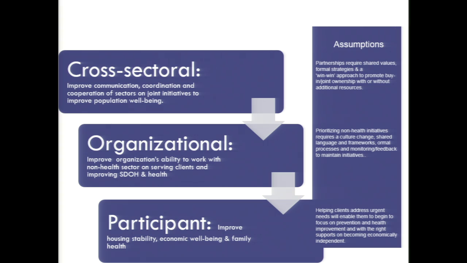So there's a participant level of intervention, and there's an organizational level of intervention. If you turn the page, the last page is participant, the first page is organization, and the middle page is cross-sectoral. Does everyone see that? All right.